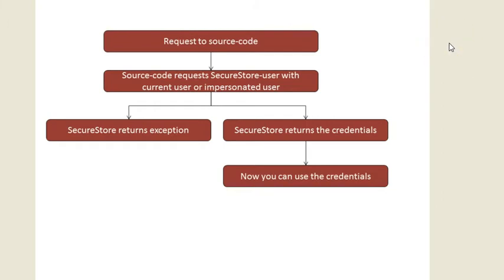In this level, your source code is requesting credentials from the SecureStore. The SecureStore checks if this user who is currently requesting these credentials is allowed to retrieve them. If the user is, then the credentials will be returned. If it isn't, then you will run into an exception.